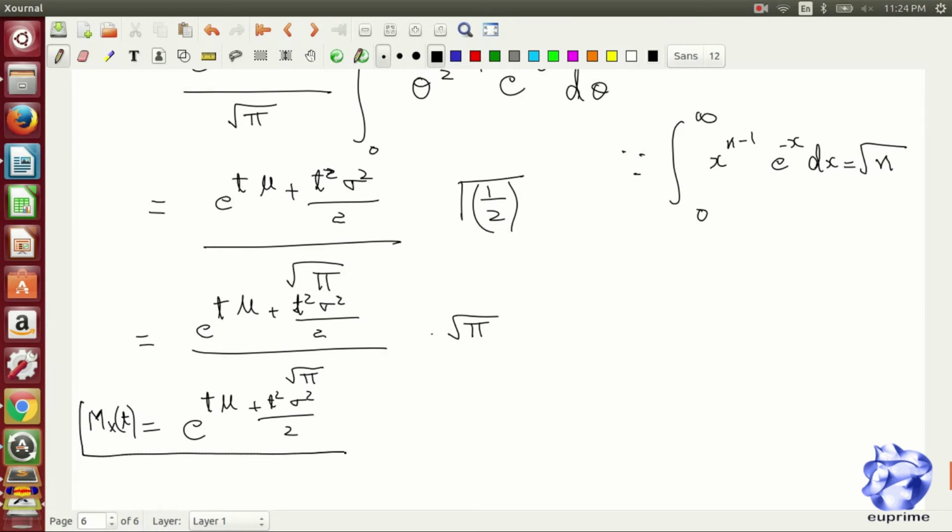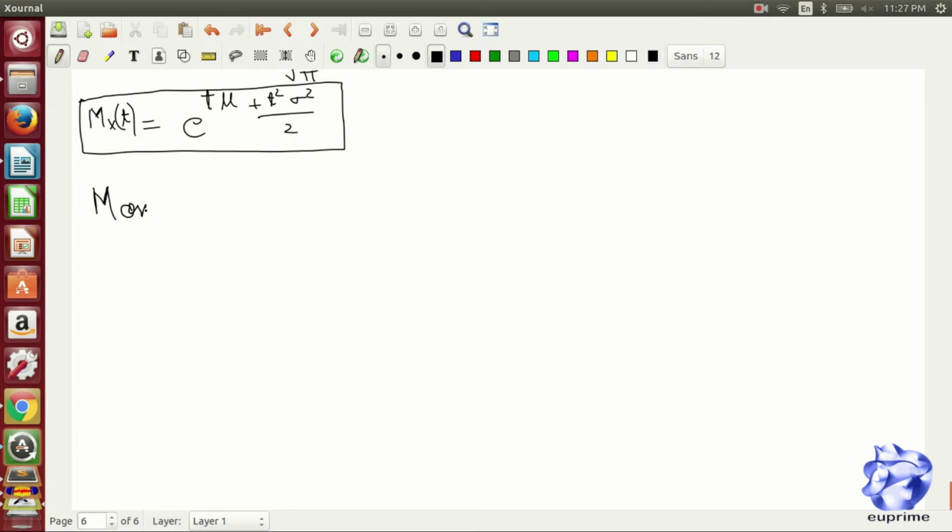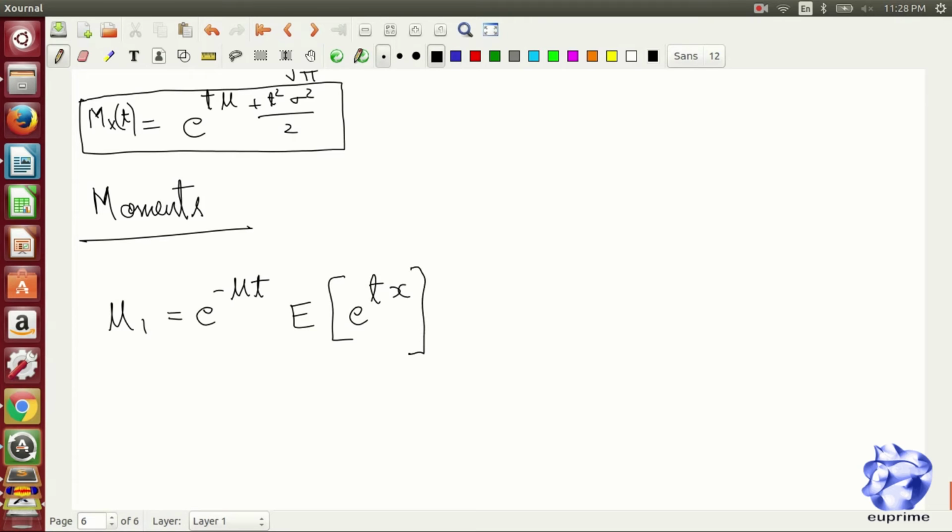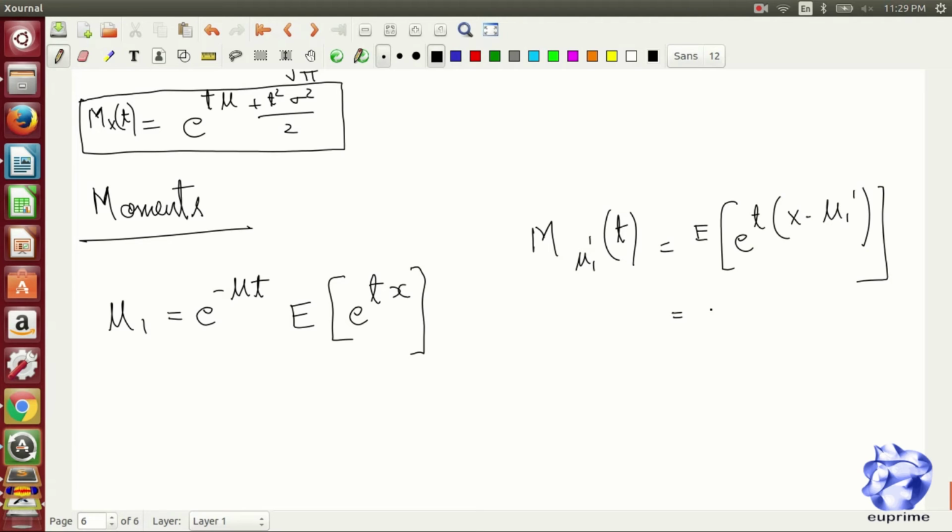So finally we go for moments with respect to the mean. For moments about the mean, we get mu1 equal to e to the power minus mu t times E of e to the power tx. Now again, e to the power tx is expanded as follows, in the form which we did before.